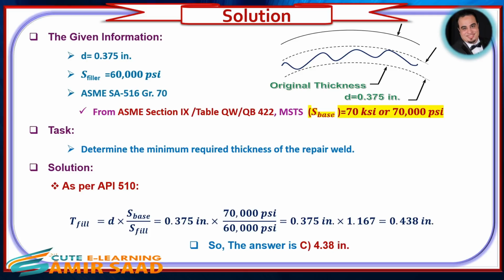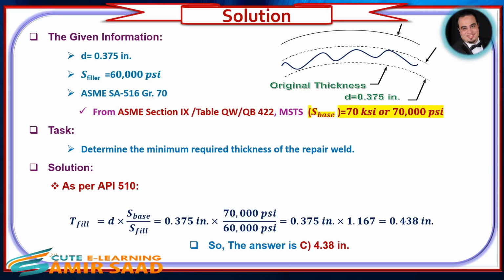ASME SA-516 grade 70, from ASME Section 9, Table QW-422, the minimum specified tensile strength of base metal equals 70 ksi or 70,000 psi. Task: determine the minimum required thickness of the repair weld.